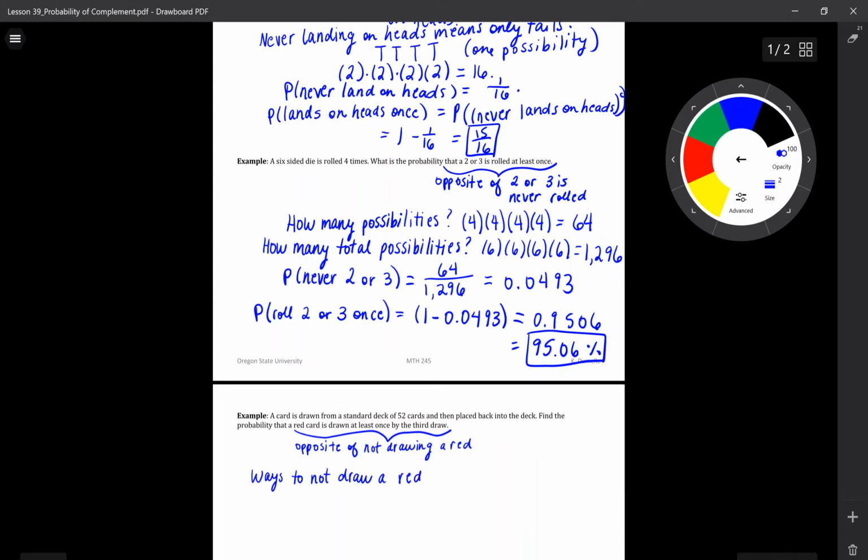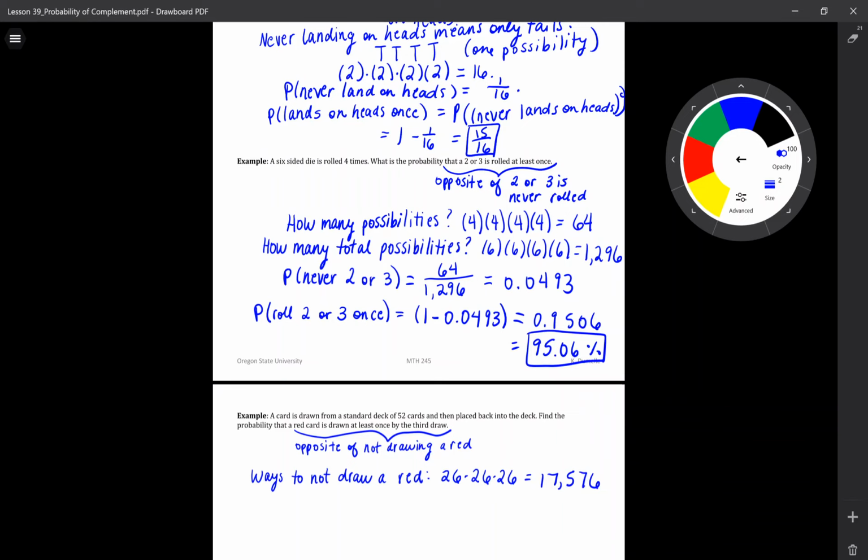Well, I'd have to draw only black cards. The first time, there would be 26 possibilities to draw a black card. I place it back into the deck. So there are 26 ways to draw the second black card, 26 ways to draw the third black card, and this is 17,576. So there are this many ways to draw 3 black cards in a row.